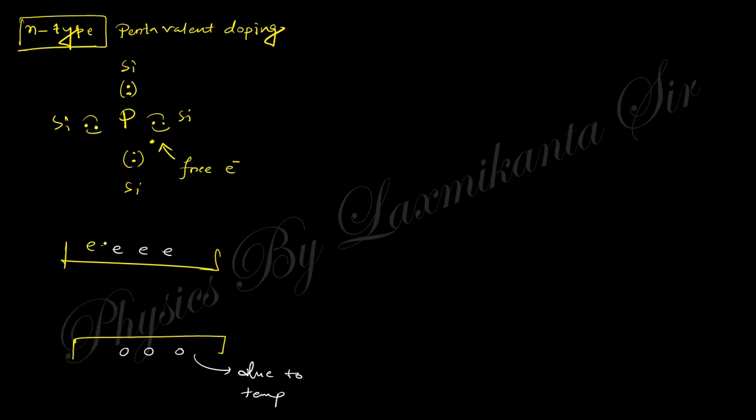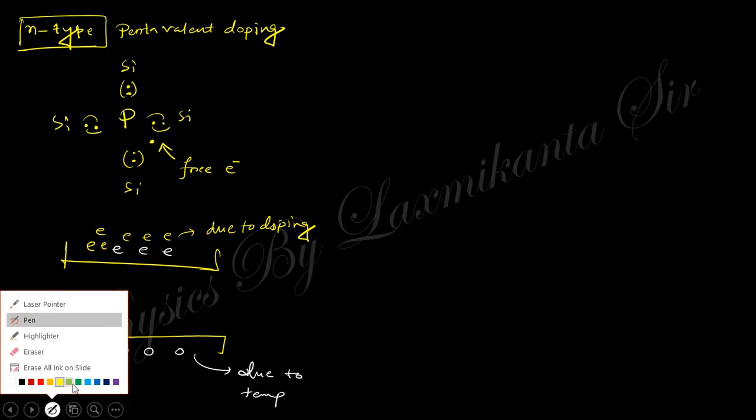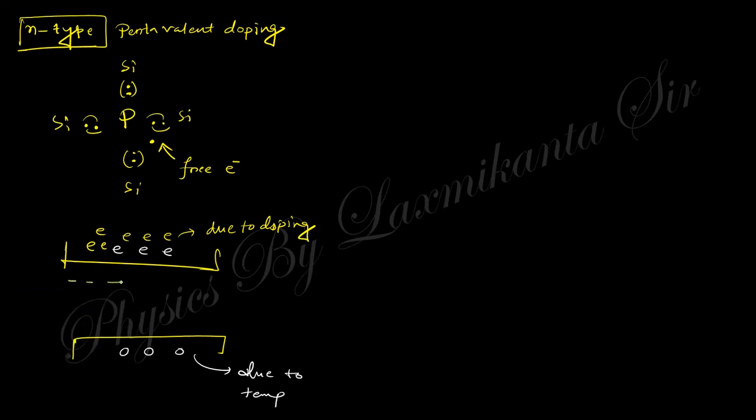So excess electrons are made here due to doping. The Fermi level lies here, and there is a large number of electrons. This is called the donor level. This is the conduction band. This is the valence band.